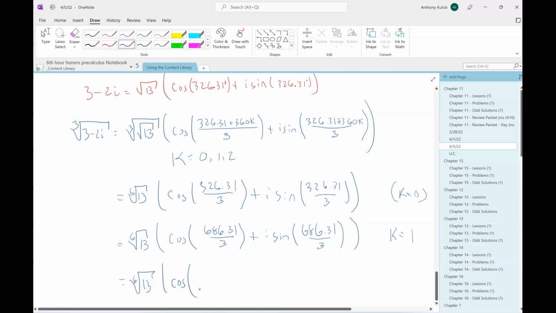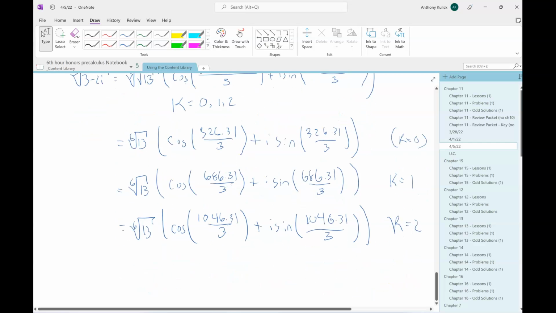And then if k equals 2, I'm going to have 326.31 plus 720, so that's going to be 1046.31 over 3, and i sine 1046.31 over 3. So those are my answers in trigonometric form.